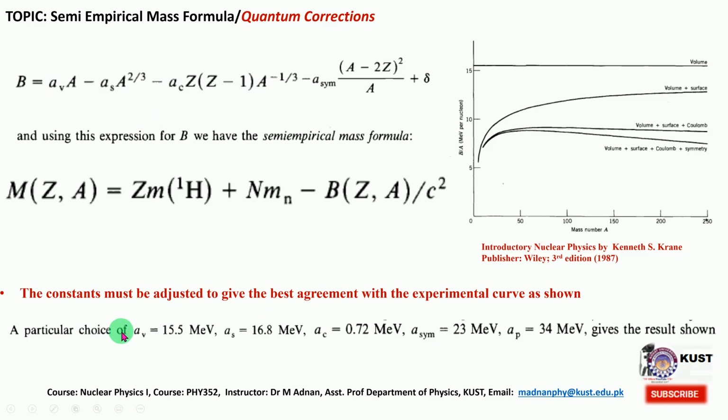Now a particular choice is given in your book, that is, A_V, the volume constant, is 15.5 mega electron volt, then the surface energy constant and the Coulombic energy constant. See the various contributions of these constants which give this result. So these curves are based on these constants.